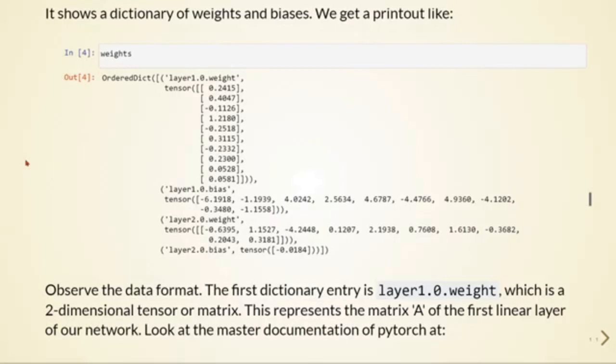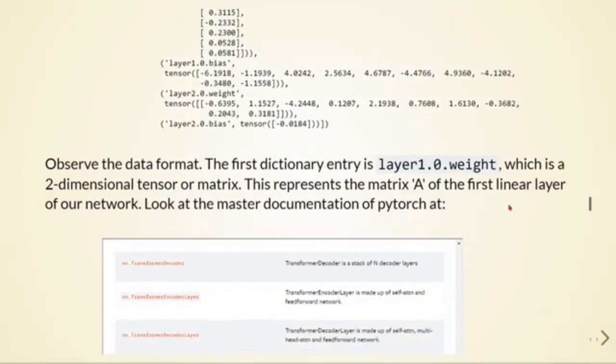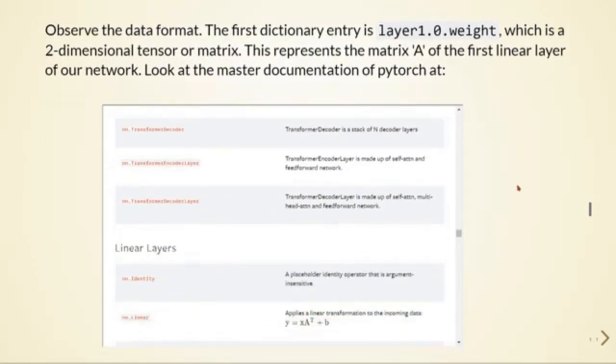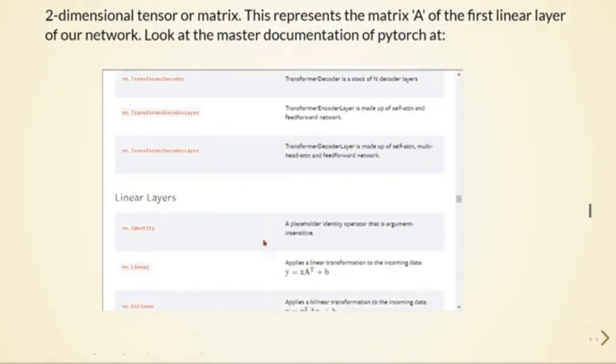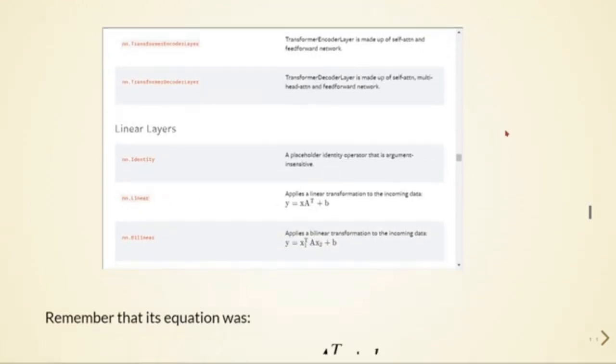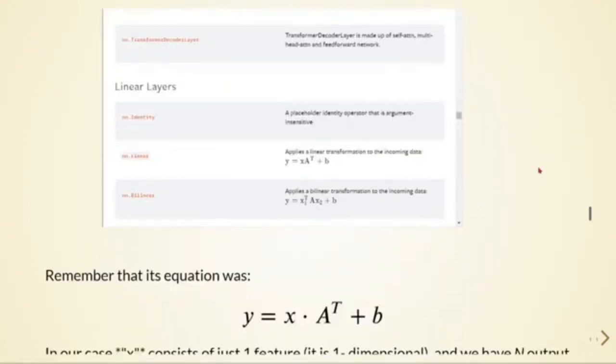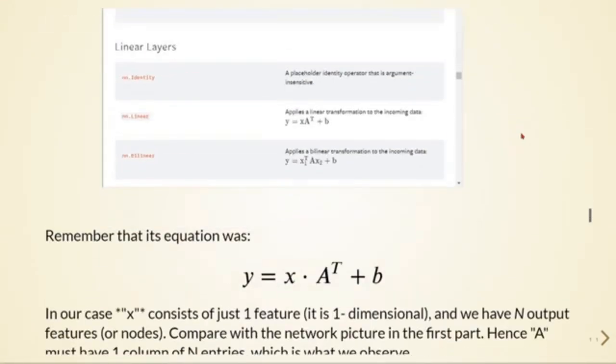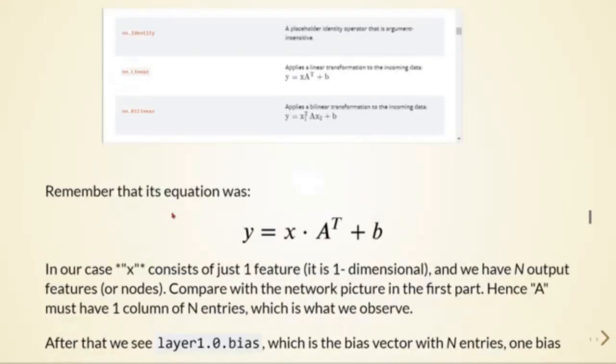You can take a look at the documentation of PyTorch for linear layers and see how it works. Remember that the equation was given by here: y is the output, x the input, and we have this matrix transposed A plus b.